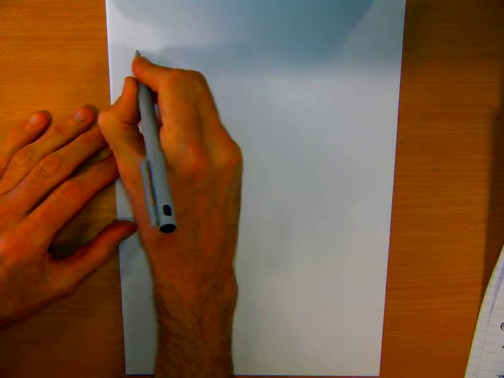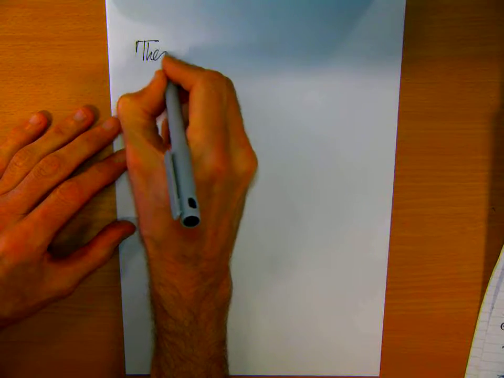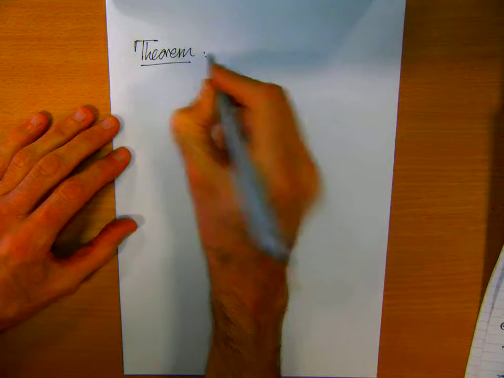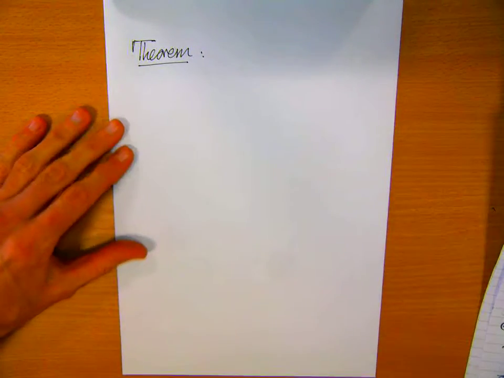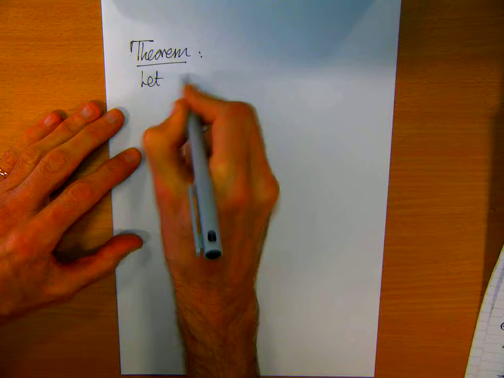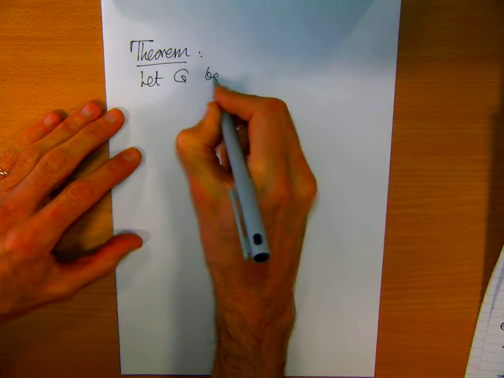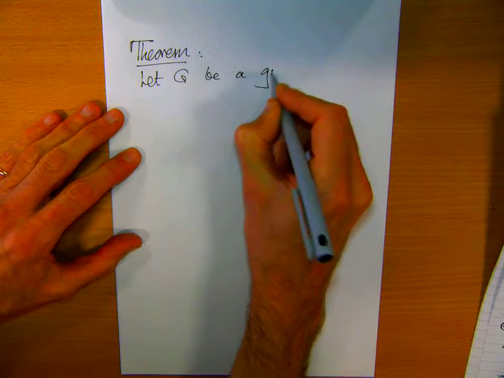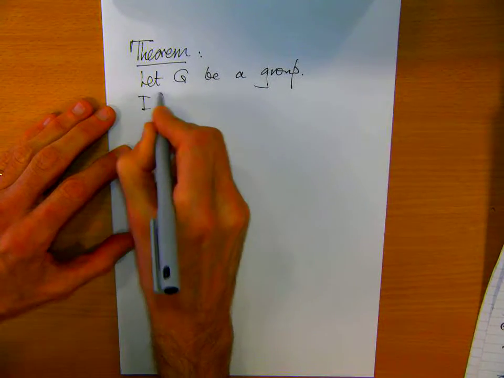Okay. Well, let's just prove this. It's quite an easy result. Well, I'll call it a theorem. All the cyclic groups that we've had as examples you will have observed are abelian, and that's true in general. So let G be a group.